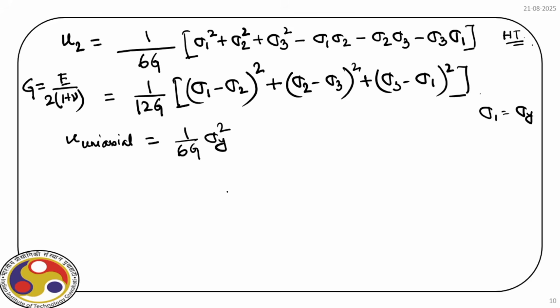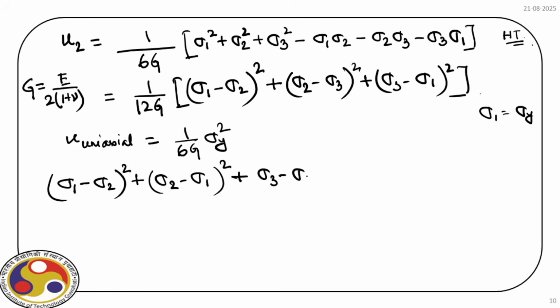That means the failure criteria is sigma 1 minus sigma 2 whole square plus sigma 2 minus sigma 3 whole square plus sigma 3 minus sigma 1 whole square should be greater than or equal to 2 times sigma y square.